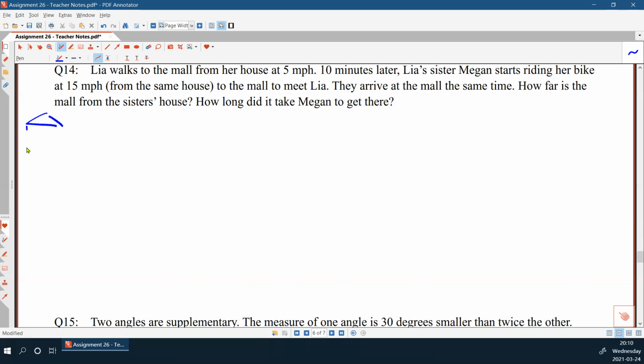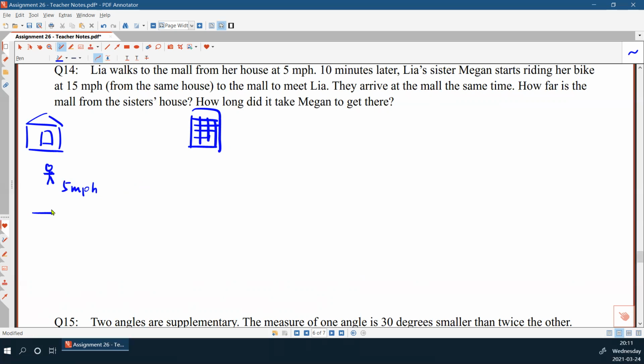Okay, so let's suppose this is a house and this is a shopping mall. First, Leah walks to the mall, right? So we have a walker here. The speed is 5 miles per hour, right?